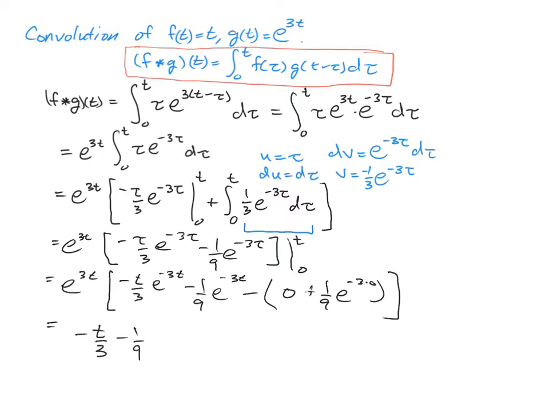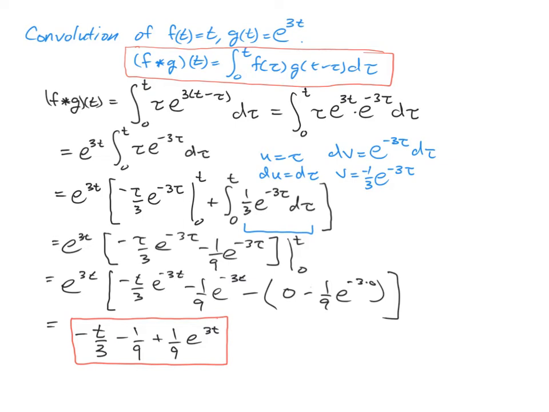So let's go back and fix that sign right there. So that minus, of course, makes plus 1/9. And again, we're multiplying the whole thing by e to the 3t, so that e to the 3t shows up right there. And that right there is the result of our convolution of f and g of t.